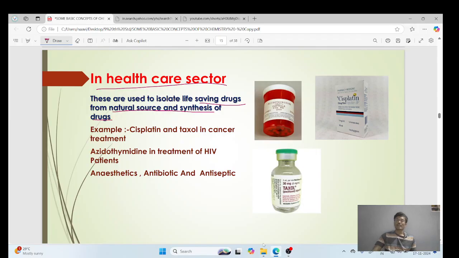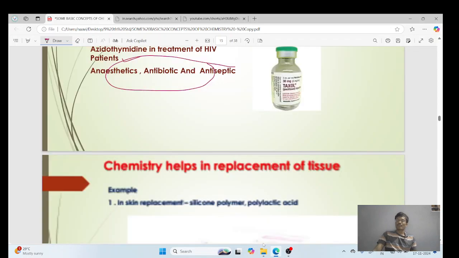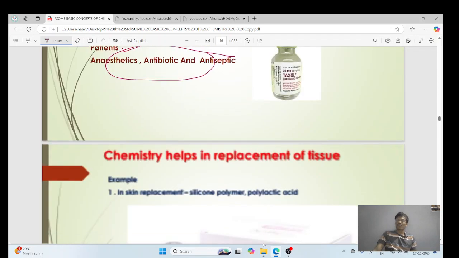There are some chemicals which treat cancer: cisplatin and taxol are treatments for cancer, and azidothymidine is a treatment for HIV patients. Anesthesia, antibiotics, antiseptics, these are made up of chemicals. So chemistry is also helpful in the healthcare sector.